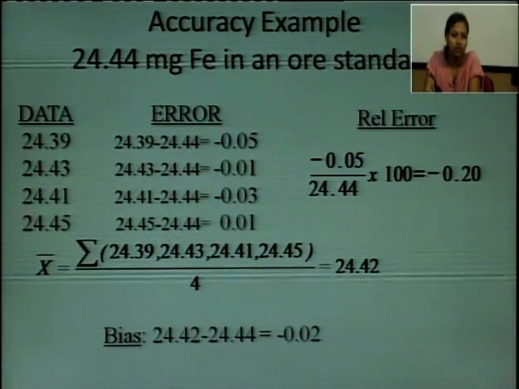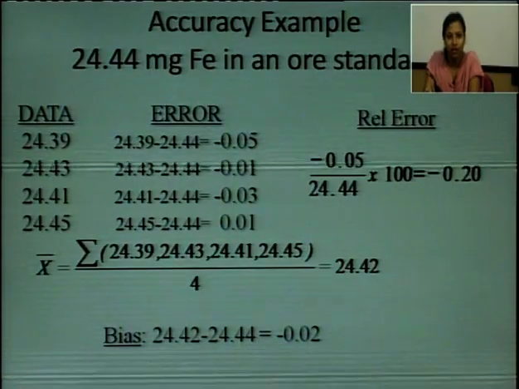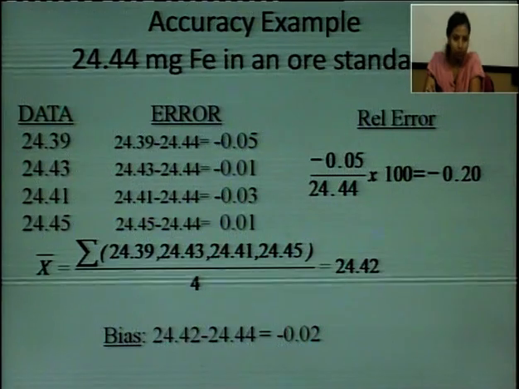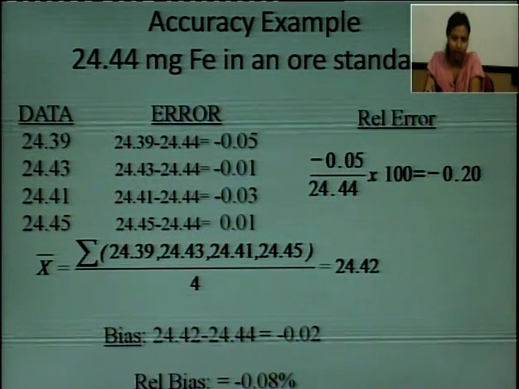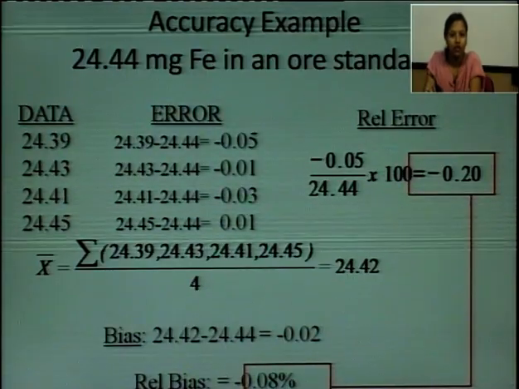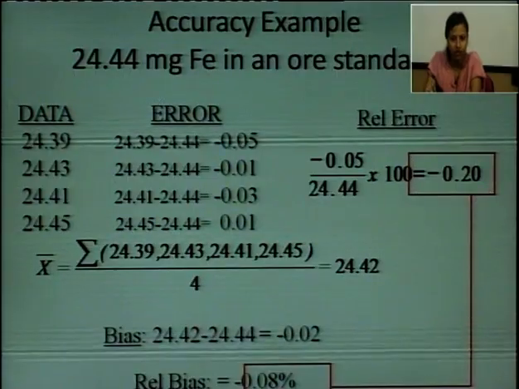So the bias is the mean value 24.42 minus the actual value 24.44, so it is equal to minus 0.02, and the relative bias is equal to this bias divided by the actual value into 100.